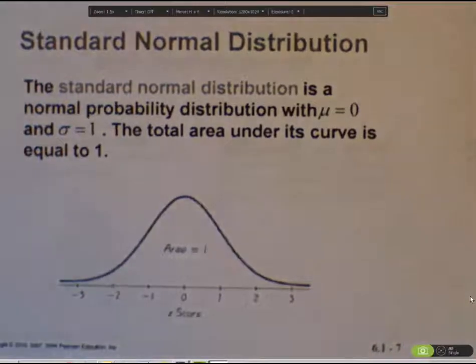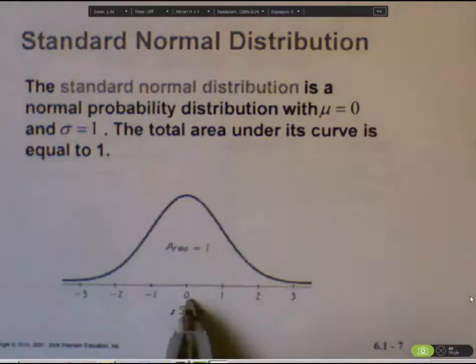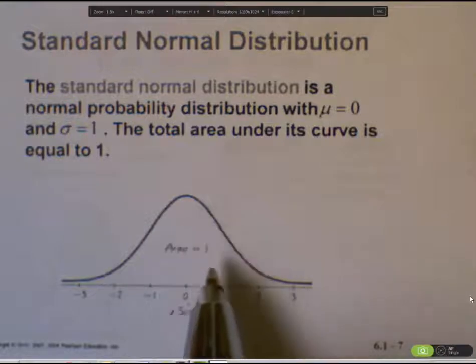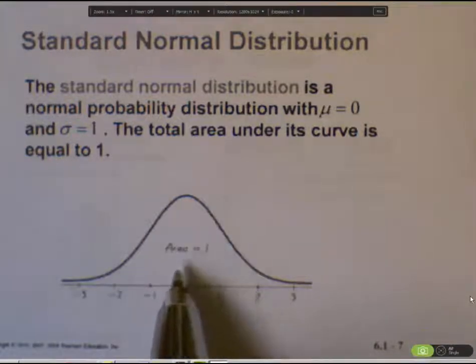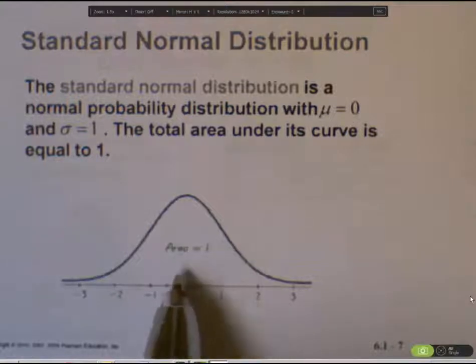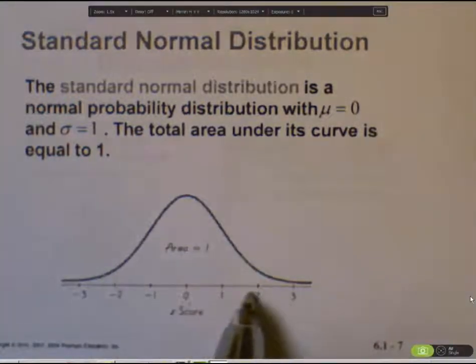Again, the standard normal distribution is a normal probability distribution which has a mean of 0 and a standard deviation of 1. The total area under the curve is equal to 1 because all of the values are going to lie within some number of standard deviations from the mean.